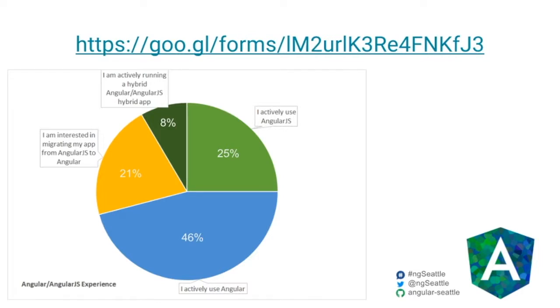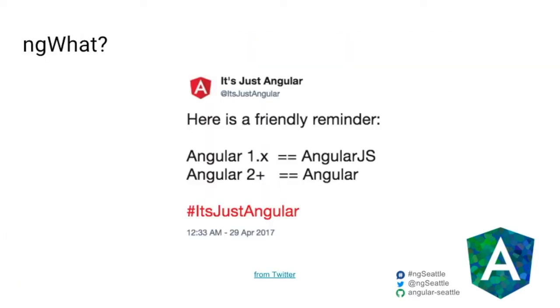About a fifth of you are currently interested in upgrading your AngularJS application to Angular, and about 8% of you are currently already doing so. Also, AngularJS refers to all versions before Angular 2. Angular refers to all versions after Angular 2. We're already soon to be on Angular version 5. I think that's been nailed into everyone's head at this point, but just another reminder.